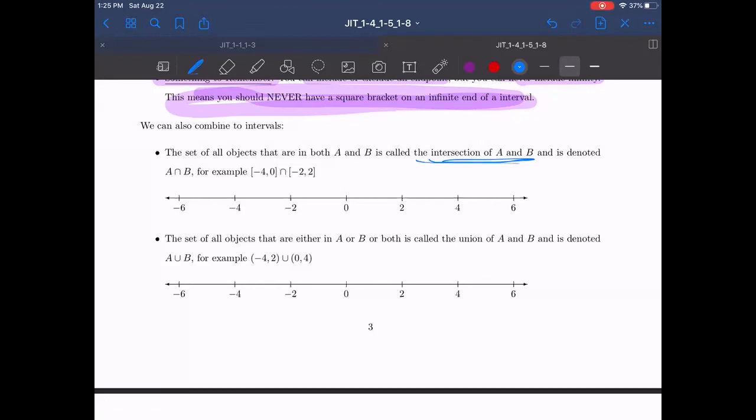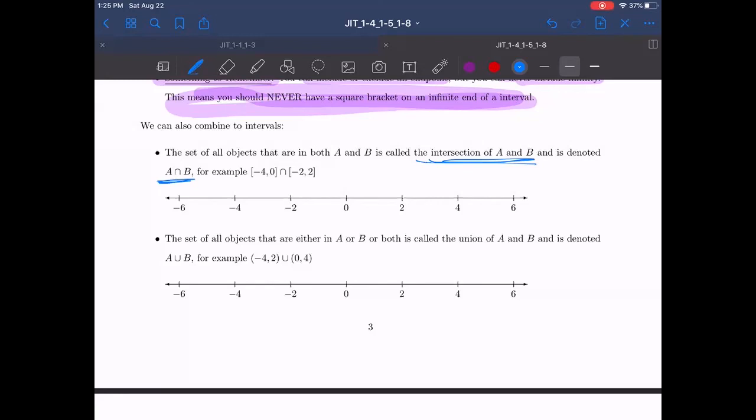So the intersection is what's in both of them. It's the 'and'. So it's in A and it's in B. We use an upside down U to write that. For example, if we were going to do -4 to 0 intersect with -2 to +2.